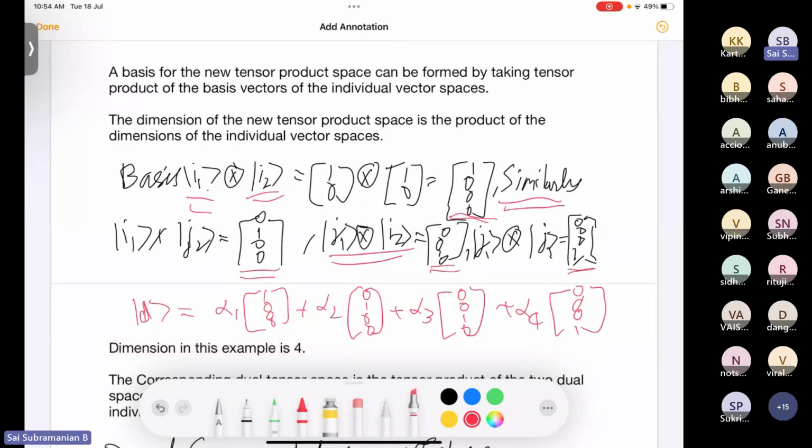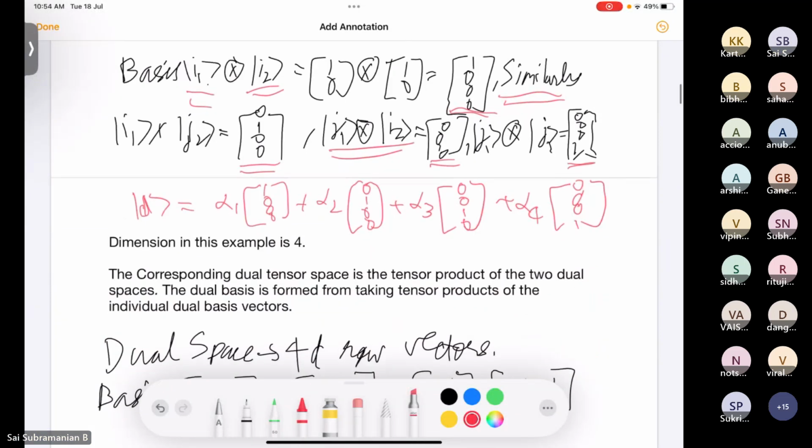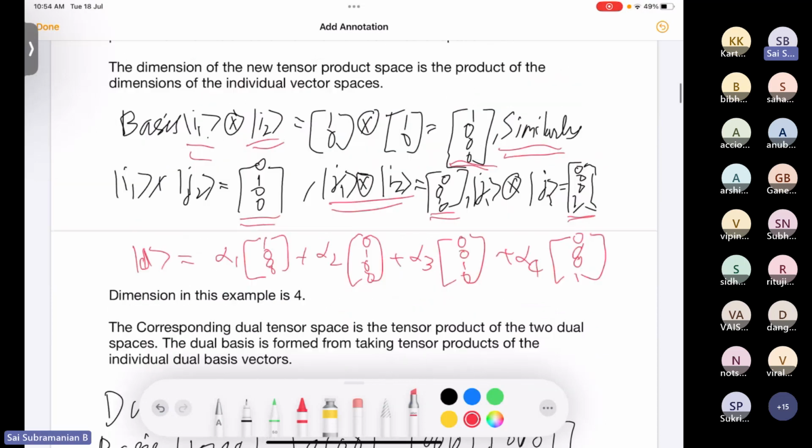So this is a general vector in our new tensor product vector space. If there is any 2 qubit system, this is how a general vector will look.